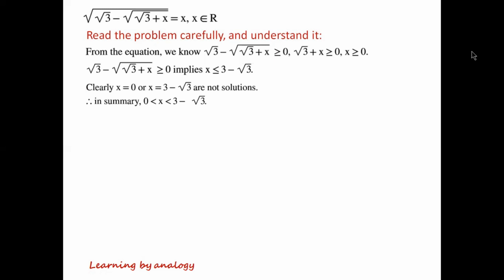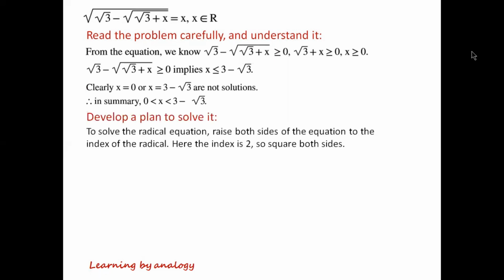Clearly, x equals 0 or x equals 3 − √3 are not solutions. So in summary, 0 is less than x, which is less than 3 − √3.